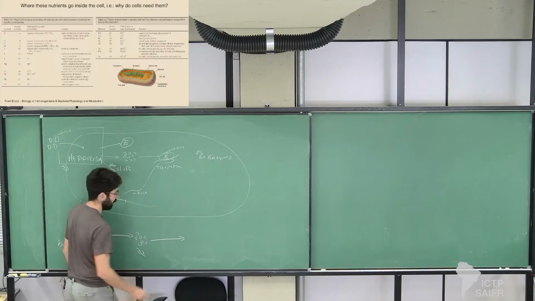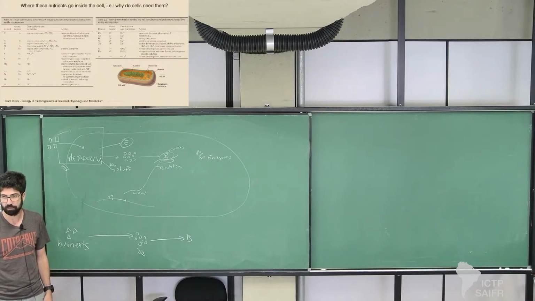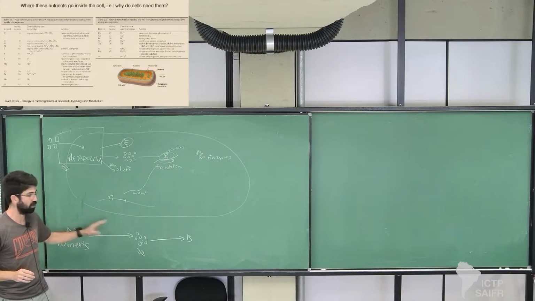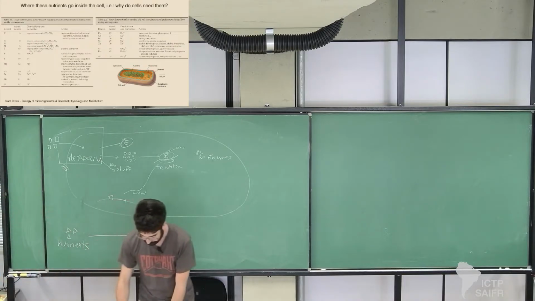And then there is a flux, and these produce biomass, okay? So this simple flux, okay? Of course, we neglected a lot of things. There is no explicit energy. We're just following the flow of mass, okay?